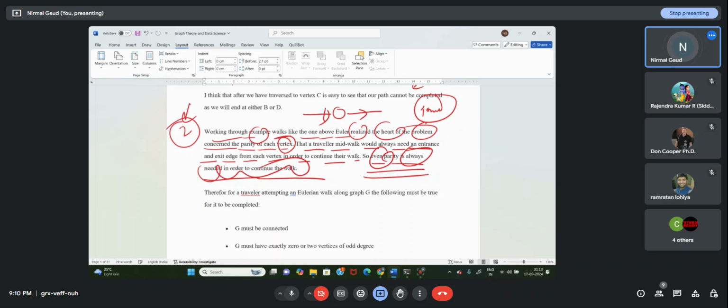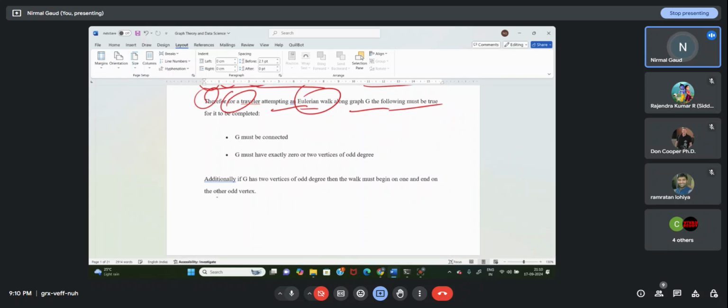Okay, so a traveler attempting a Eulerian walk along a graph must follow this. The graph has to be connected, which means there should not be any disconnection. Second, the graph must have exactly 0 or 2 vertices of odd degree.